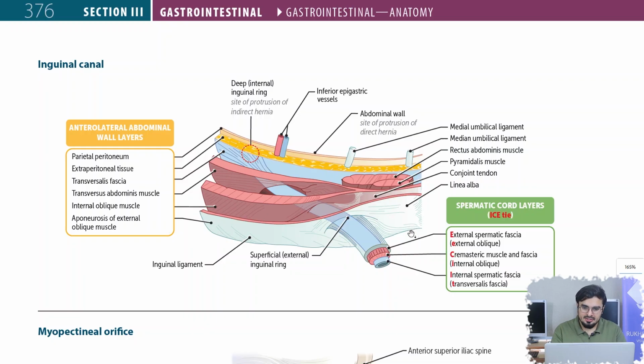This pathway acts as a conduit for indirect inguinal hernia, and this one through the anterior abdominal wall is not exactly a conduit, but a landmark for protrusion of direct inguinal hernias, which we'll discuss going forward.